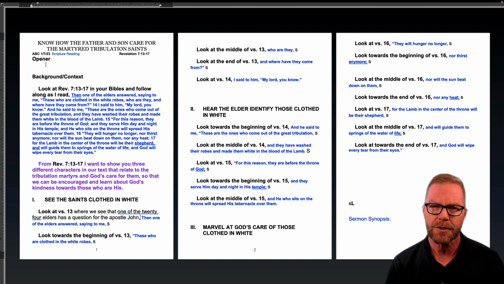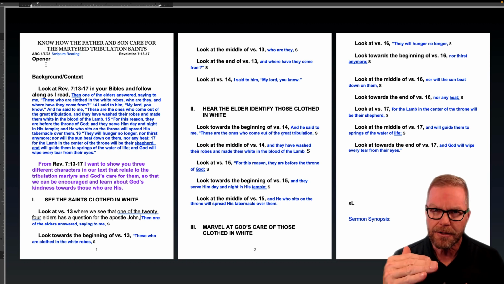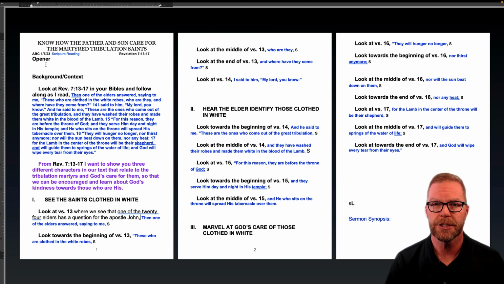So now we've kind of talked about the postponement of judgment. We've talked about the 144,000 Jews being sealed. And we've talked about, in the very near context of our text, God having this amazing worship. He is on the throne. God the Father and the Son are on the throne, on the crystal sea.